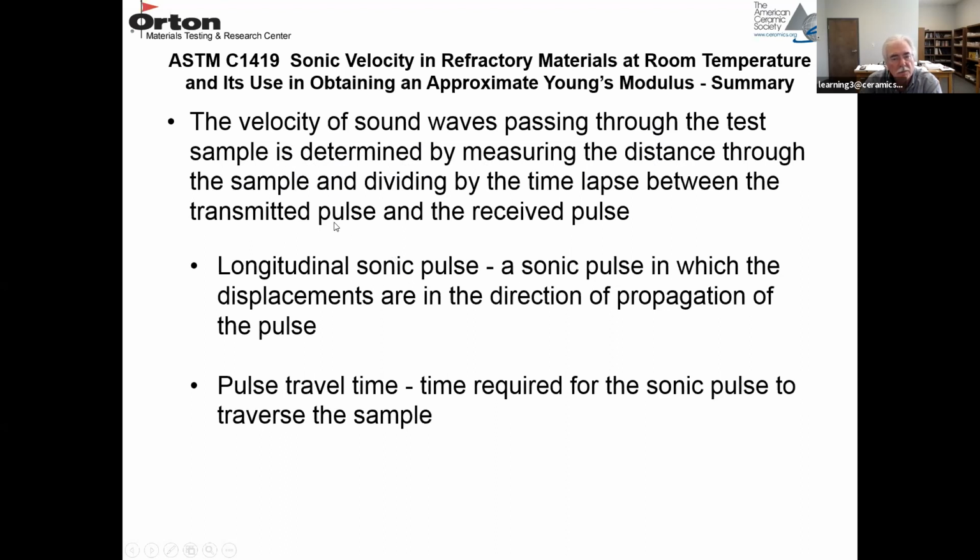So you have the pulse time between the transmitted and the received pulse. So the longitudinal sonic pulse is a sonic pulse in which the displacements are in a direction perpendicular to the direction of the pulse. And the pulse travel time is the time required for the sonic pulse to transmit through the sample.